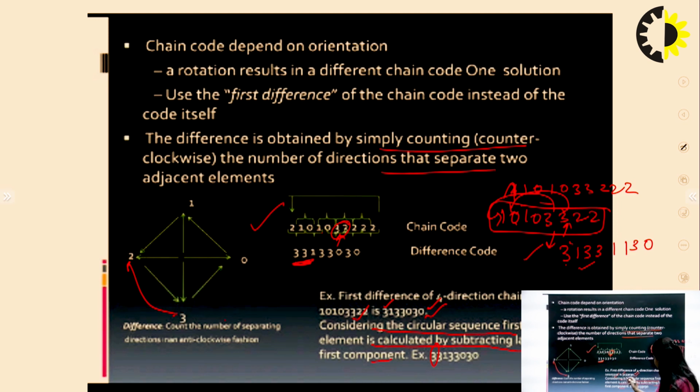Then we start from the next 3, then 1, then 3, then 0, 3 and 0. So we calculate the difference between the first and last element: 0 minus 3 is 3. This 3 is written as it is, and after that we repeat the code 1 3 3 0 3 0. This is called a normalized chain code.